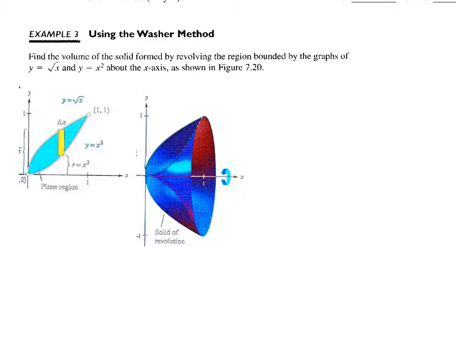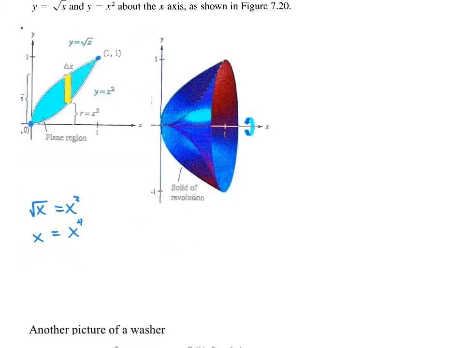Now this actually brings up a good point. If I set these equal to each other to find these 2 points, I've got square root of x equals x squared, and I would need to square it on both sides to get something that I could solve, okay?